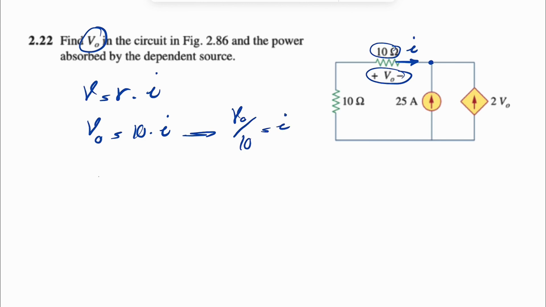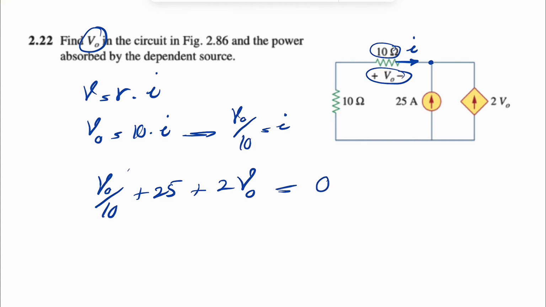So based on KCL, or Kirchhoff's current law, the sum of all the currents entering the node has to be equal to those that are exiting. In this case, all the 3 currents are entering the node. So we have V0 over 10, which is our I, we have 25 amps, and we have 2 V0, equal to nothing exiting that node, so equal to 0.